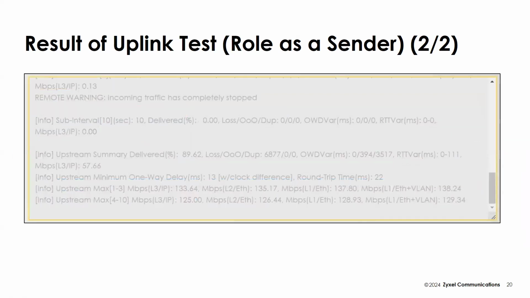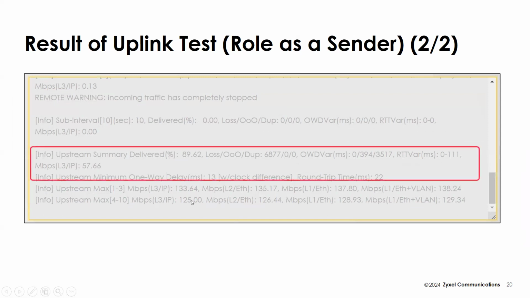Okay, so when we scroll down to the bottom of this page, we are able to find a summary of the total test at the end like this. Aside from the total test result, we can see other information in brackets like this too.